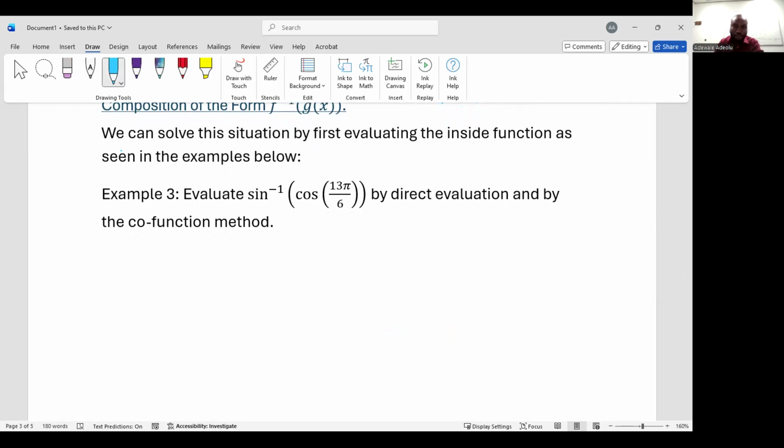So in this example, let us solve this: sine inverse of cosine of 13 pi over 6.